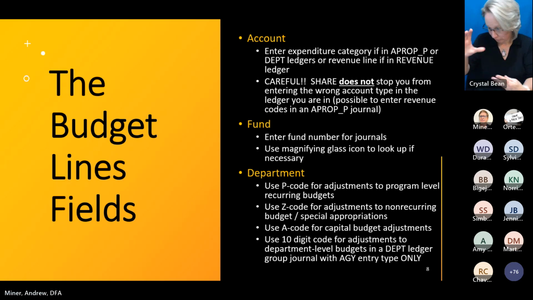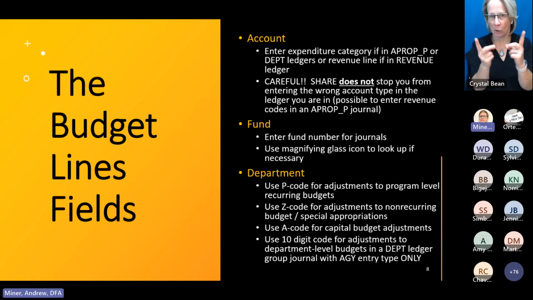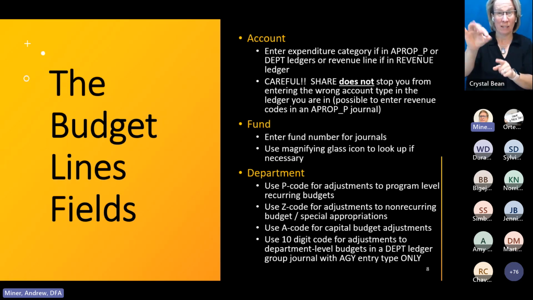Okay. Next is department. So here it's going to, again, depend on what you're doing. In the department field, you're going to use your P code for adjustments to program level recurring budgets. So basically all BARs are going to be using P codes. Z code if you're doing a non-recurring budget or special appropriation. So if you're setting one up with an OPUD 4 or adjusting it with a BRF, then you use a Z code.